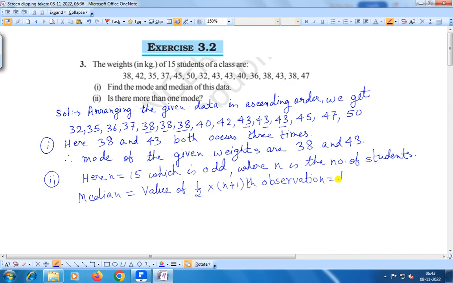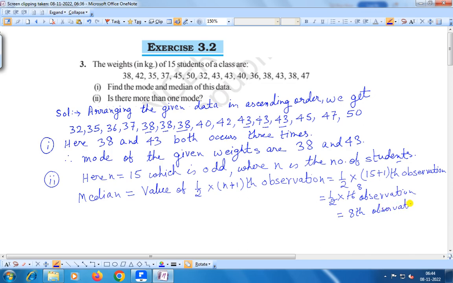That is equal to (1/2)(15+1)th observation, that is 16/2, 2 8s are 16, that means the 8th observation or 8th term.